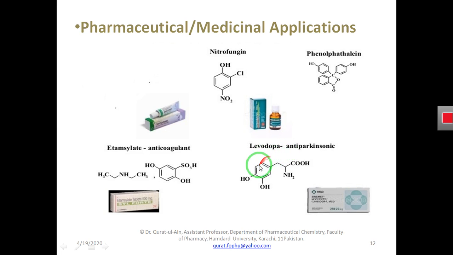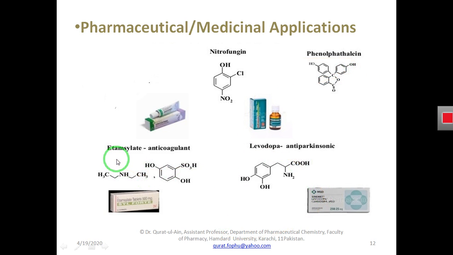It is a phenolic compound and it is the precursor of the natural neurotransmitter dopamine, and it is used as an anti-Parkinsonian drug in patients who have symptoms of Parkinson disease. This drug readily crosses the blood-brain barrier and reaches the brain, where it is metabolized into the natural neurotransmitter dopamine and exerts its beneficial effects.